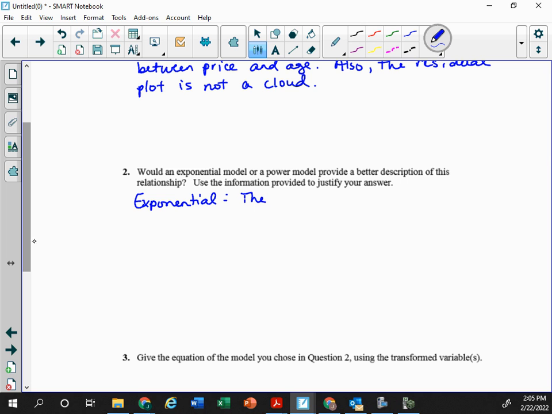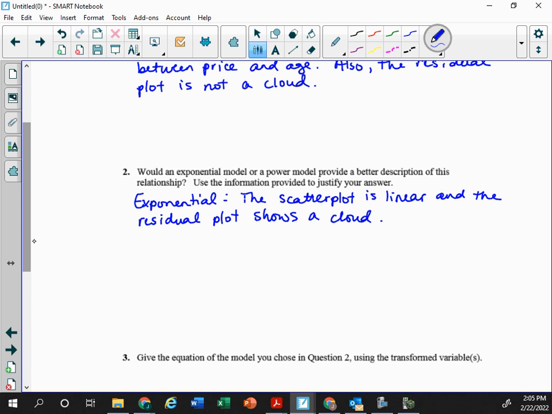You could say the scatter plot is linear, and the residual plot shows a cloud or a random scatter. And you could say something about the power model does not show a linear graph.